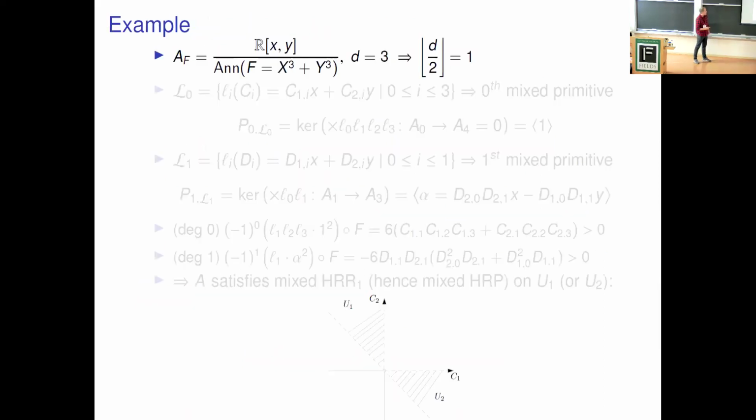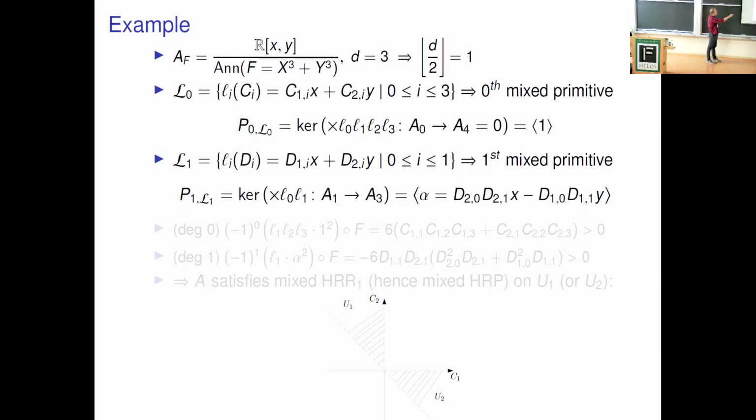So here's this example revisited. Same polynomial, and now in each degree I can do a different choice of linear forms. So maybe I'll do some Li's with some C's, and this will be L0, L1, L2, L3. And I can compute the primitive subspace in degree 0, and that's actually always just 1.